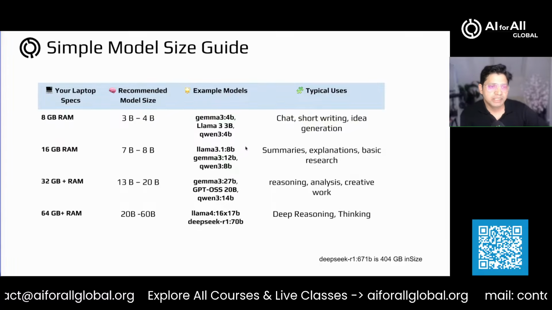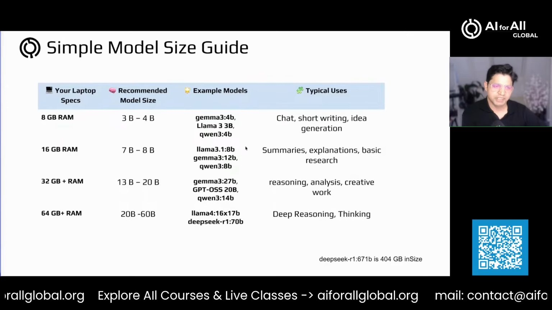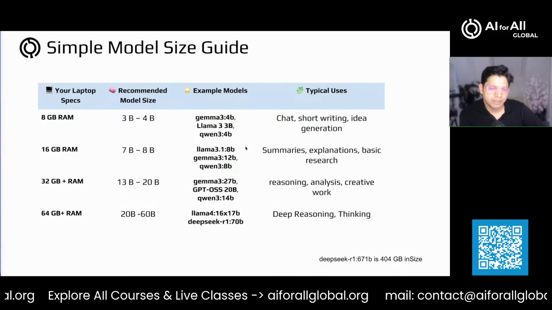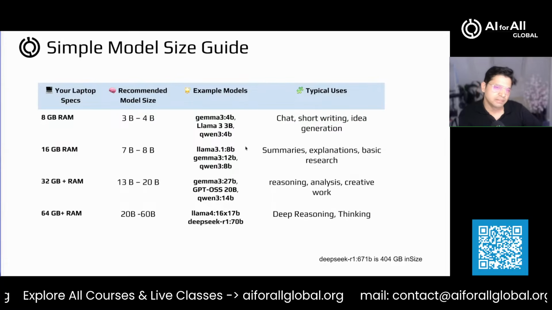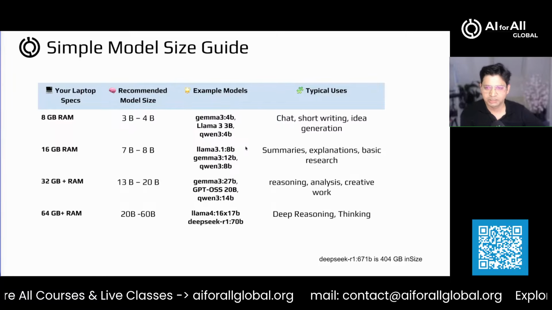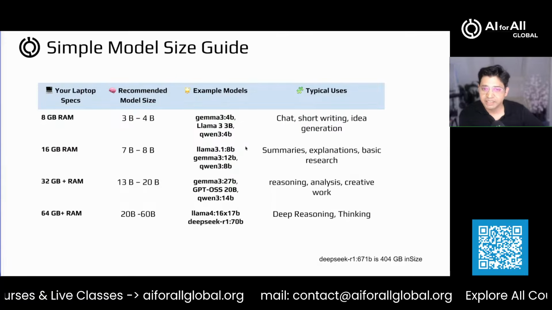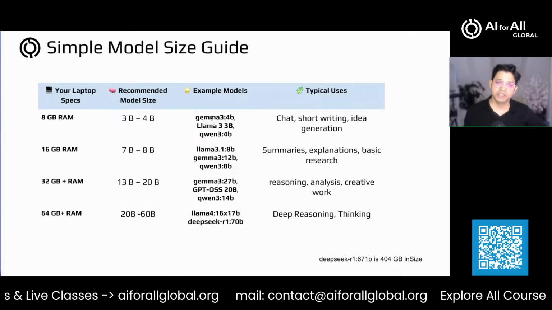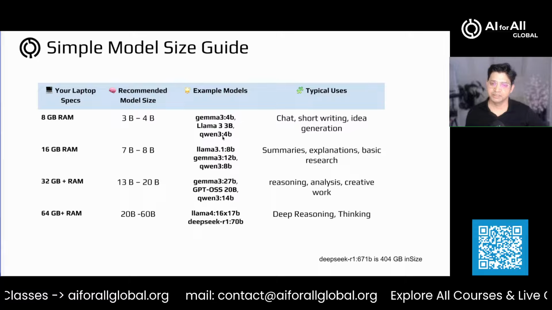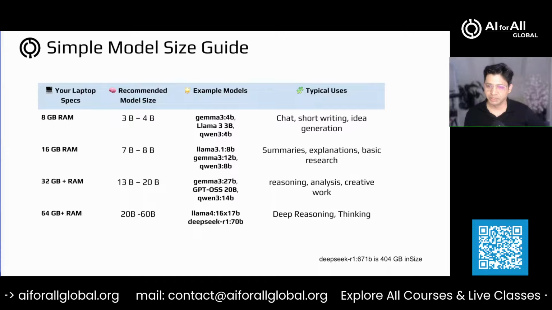For an 8 GB RAM machine, though nowadays most laptops are coming with 16 gigabytes and above, practically a model that is 3 billion to 4 billion in size is enough. So things like Gemma 3, Gemma is from Google, or Llama, that is from Meta, Qwen, that is from Alibaba. These models are good to run.